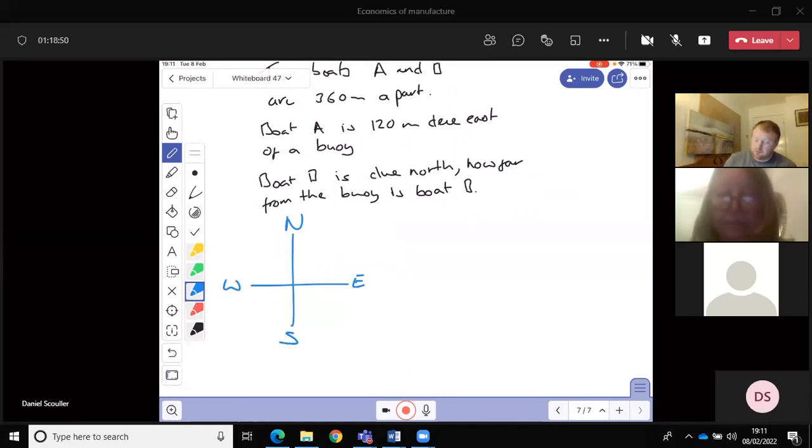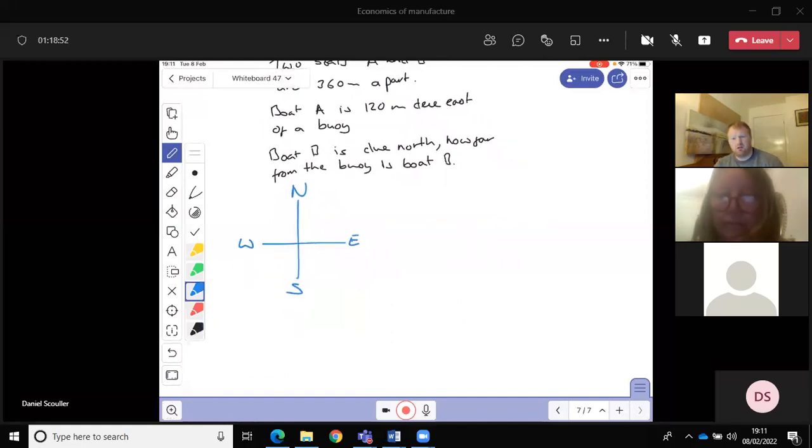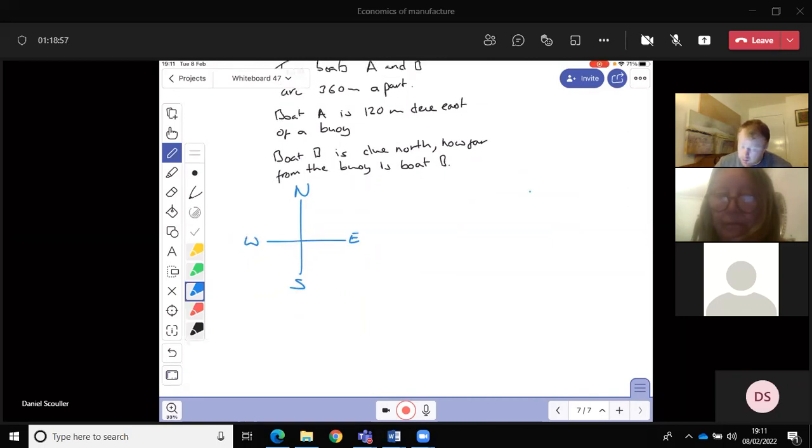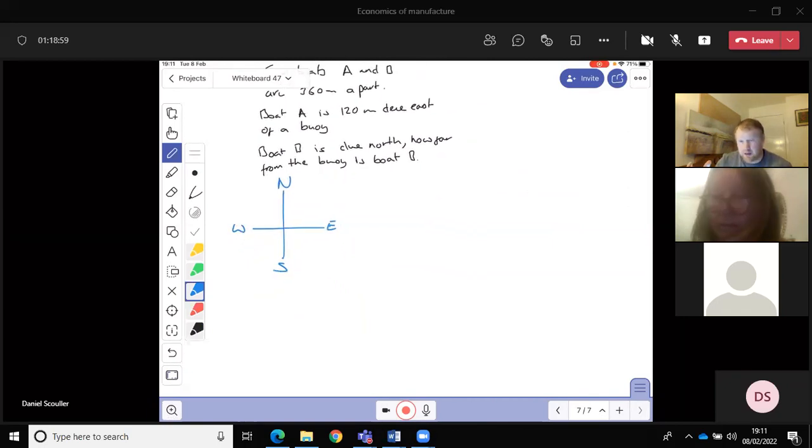If you get asked a question like this, you would normally be given the compass, but it's a good one to know. If you're not given a picture, you should be able to plot these relative to each other. So we've got a buoy in the middle of the sea. Boat A is 120 metres due east.